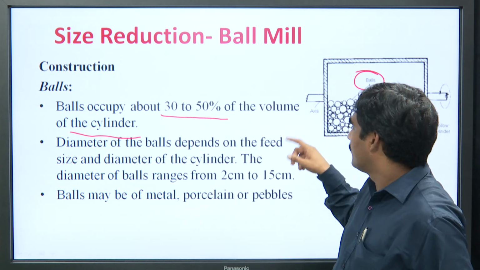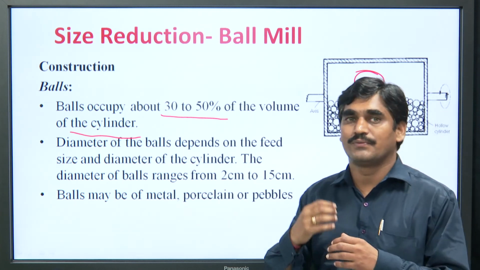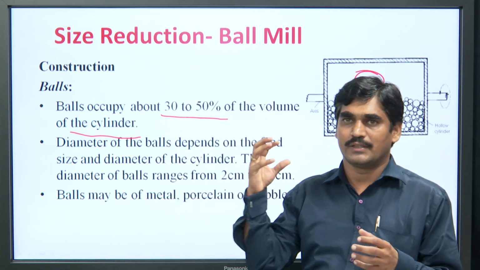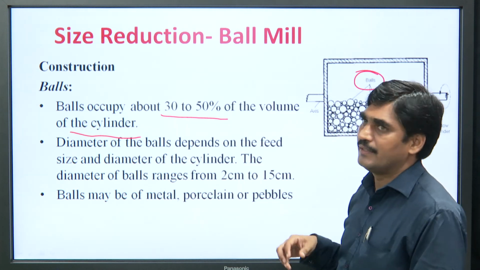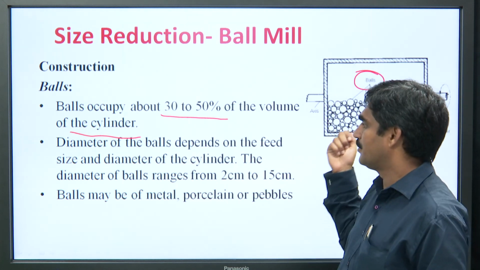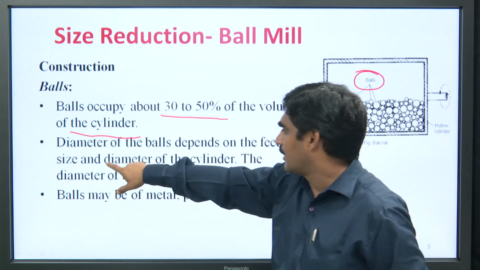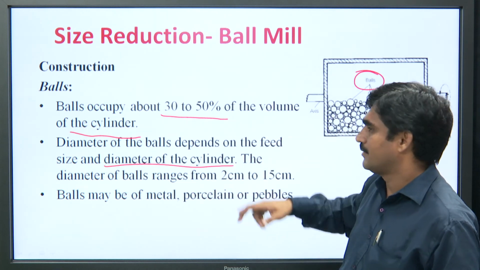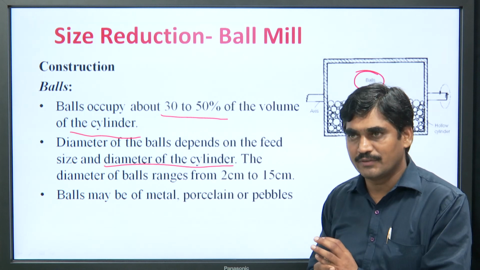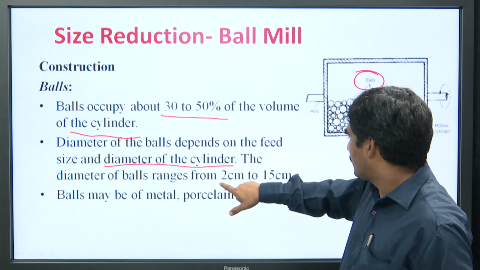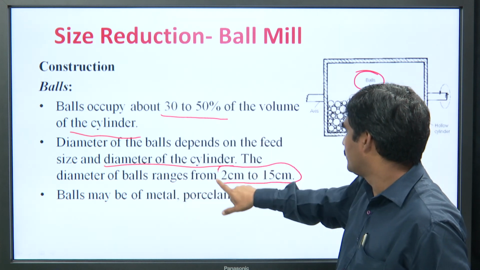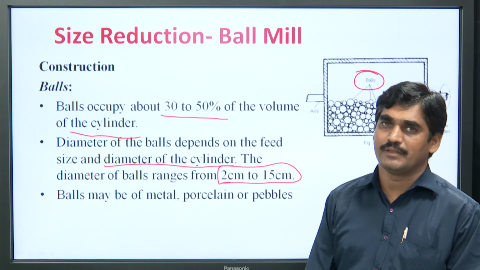And the diameter of the ball depends on the feed size, that means the size of material which we are putting into the cylinder for size reduction, as well as the diameter of the cylinder. The diameter of the ball ranges from 2 centimeter to 15 centimeter.